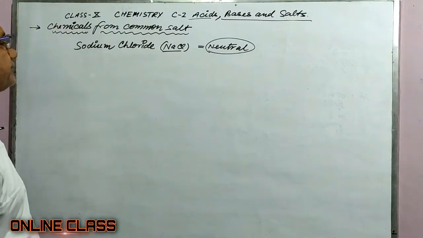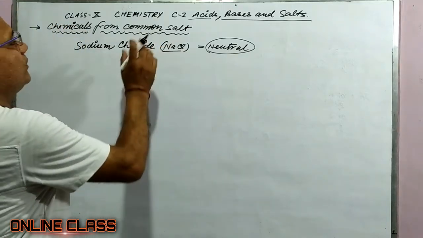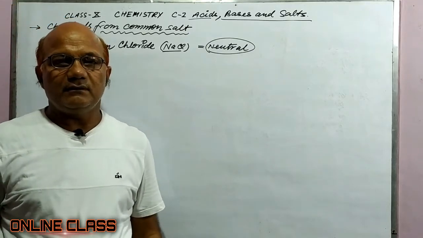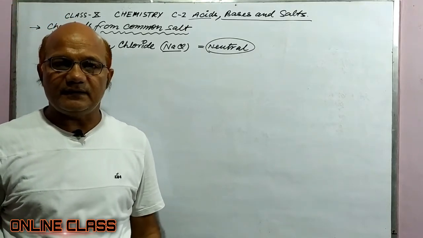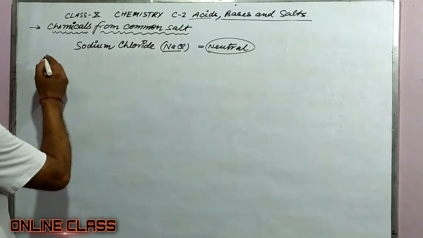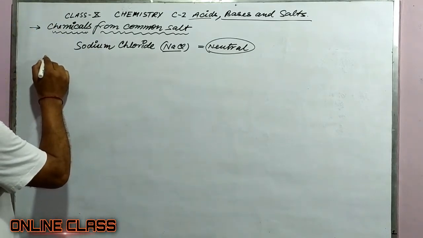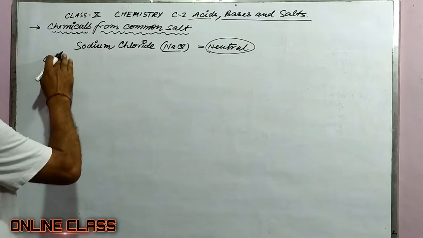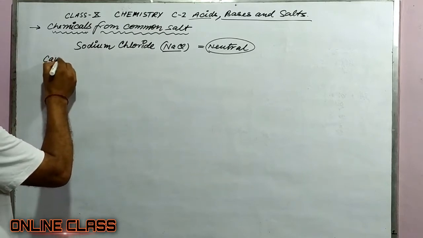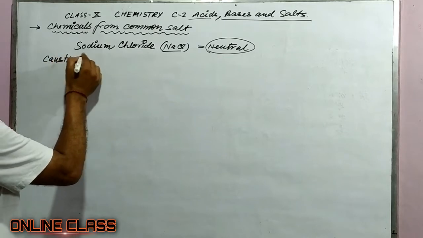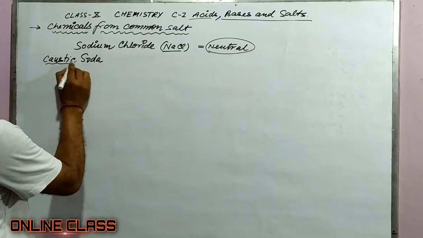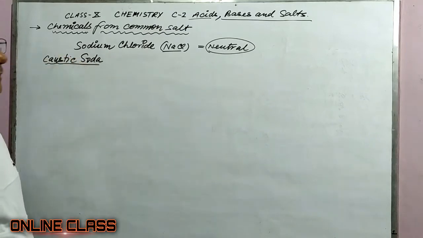So, how sodium chloride is used in the preparation of many important chemicals? Let us see. So, one of the important chemical is caustic soda. Caustic soda.